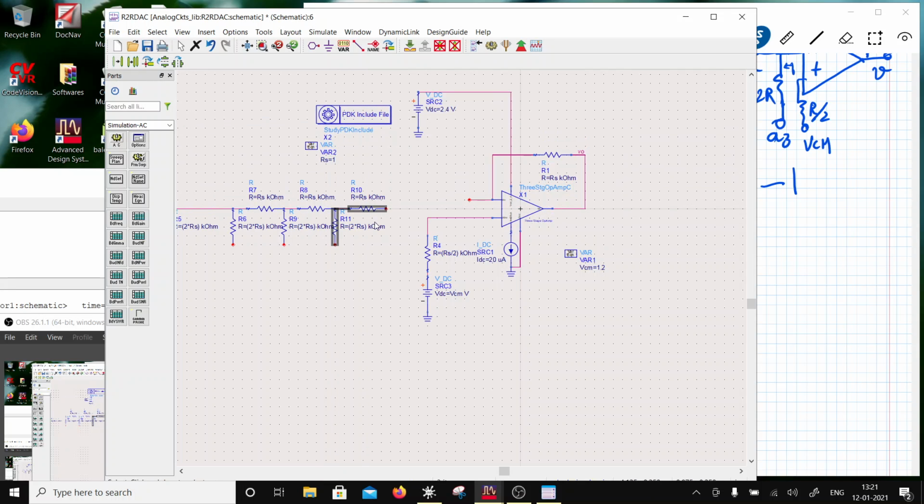In case of A3, I'll just have one of this. So the net resistance is RS now.